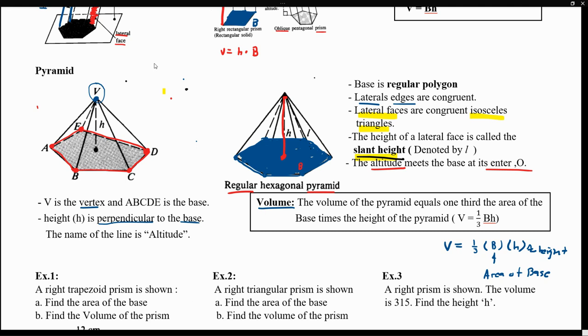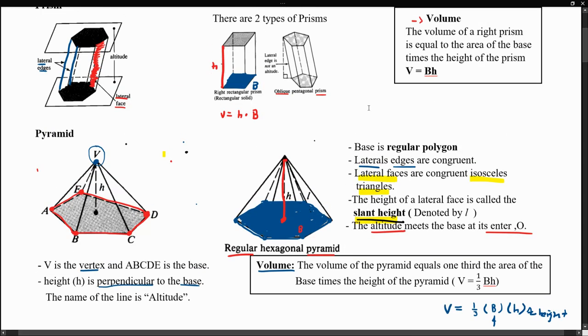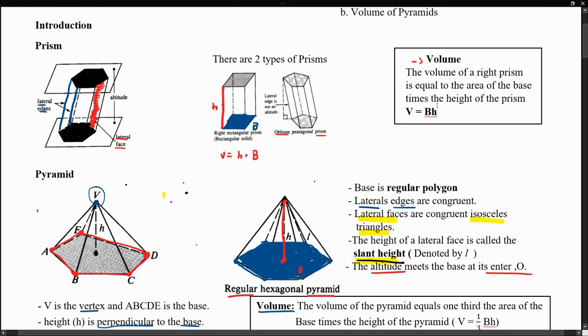So the relationship between a pyramid and a prism is that we can always fit 3 pyramids in a prism. And that's something that we're going to be looking at in the future. But just by looking at the way that we define this formula, for any prism, the volume is always going to be equal to base times height, or the area of the base times the height.